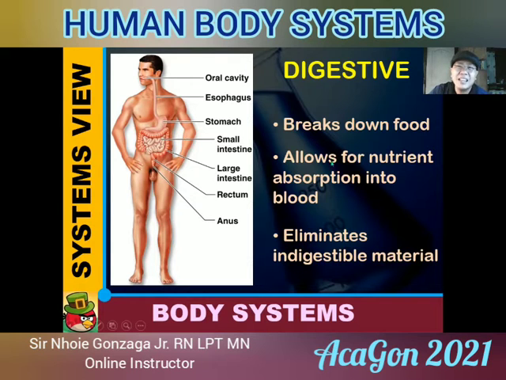Another function is it allows for nutrient absorption into the blood. And lastly, elimination, okay? Meaning waste disposal. It eliminates indigestible materials through your anus. That is now what we call as feces or manure, tae, okay, in our dialect.